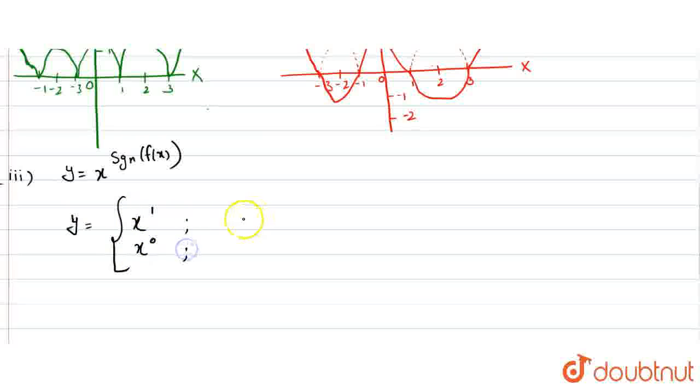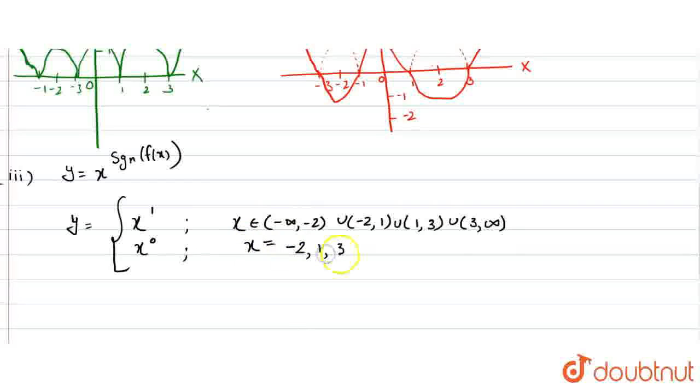It is 1 when x belongs to minus infinity to minus 2, minus 2 to 1, 1 to 3, and then 3 to infinity. And when x is equal to minus 2, 1, and 3, then it is x raised to power 0. Okay, the value is 1 for the mod of f of x.